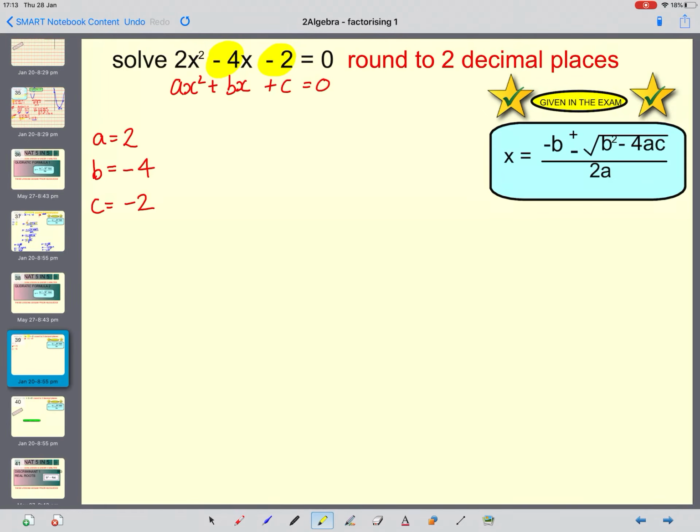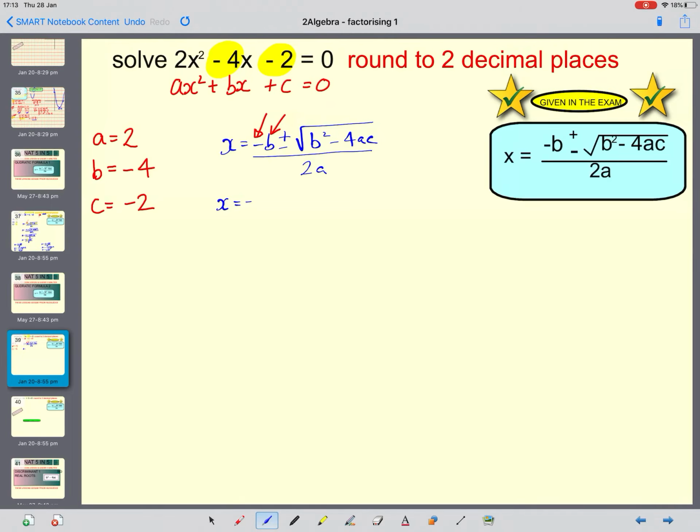You're going to substitute all of this into your quadratic formula, which is x equals negative b plus or minus the square root of b squared minus 4ac all over 2a. So whenever b appears, replace it with your b. Be very careful at this point. I think I said this in the last video. You've got a negative sign already there, and then you're going to replace that b with negative 4.